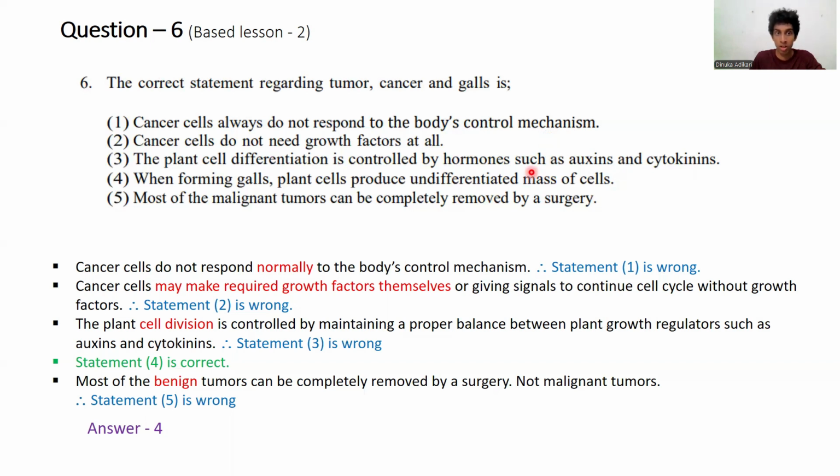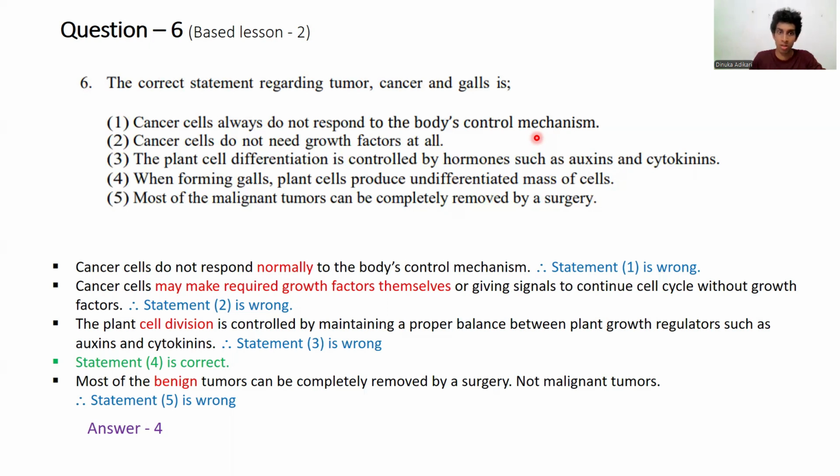3. The plant cell differentiation is controlled by hormones such as auxins and cytokinins. That's false because the plant cell division is controlled by hormones such as auxins and cytokinins. 4. When forming galls, plant cells produce undifferentiated mass of cells. That's correct.